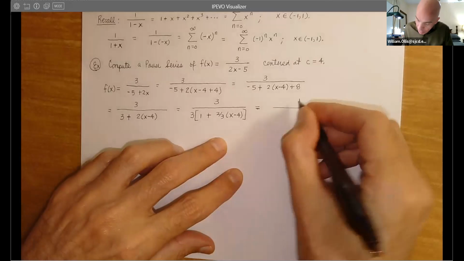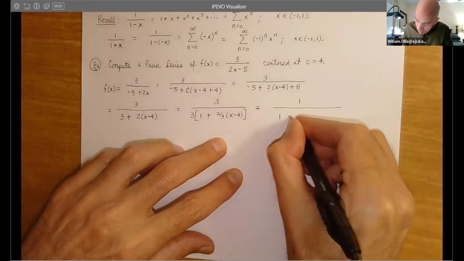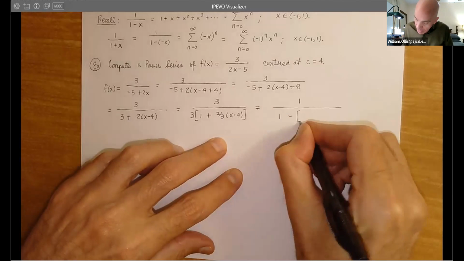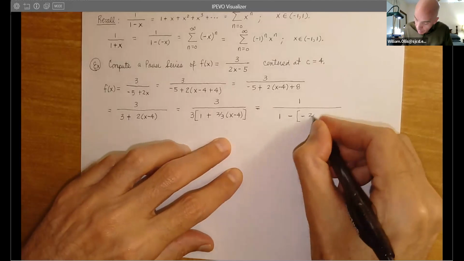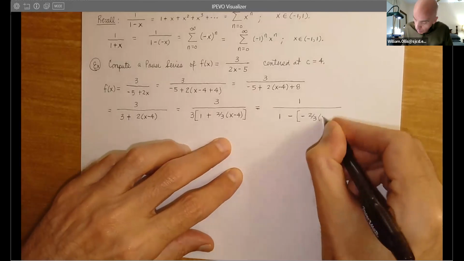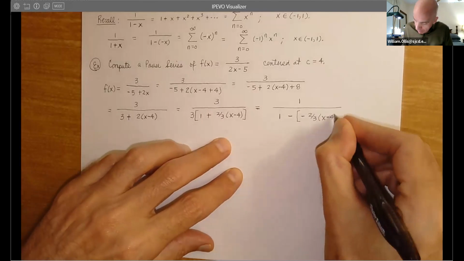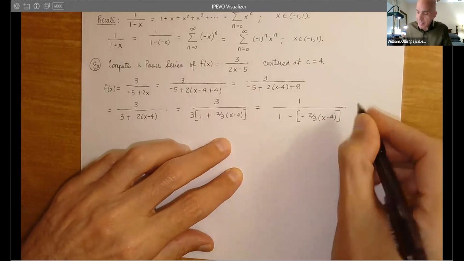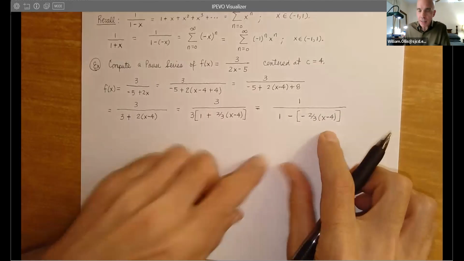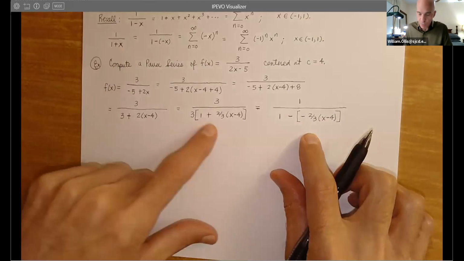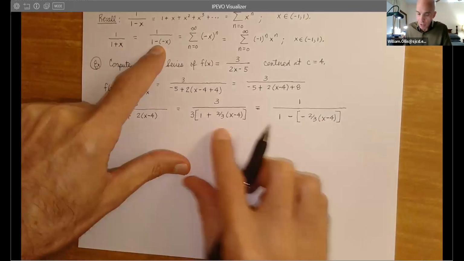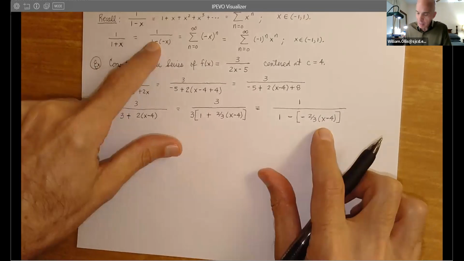So we have 1 minus, and we're going to have a negative, as we say, 2/3 x minus 4. So the idea here is that we put in the 2 negatives to get the negative here. So it's like we're here at this point, and then when we get to here, we've matched this.